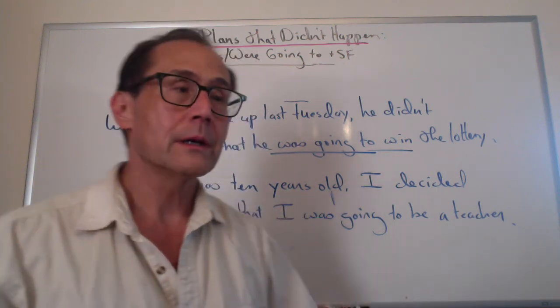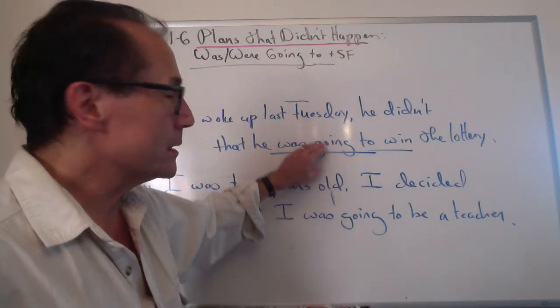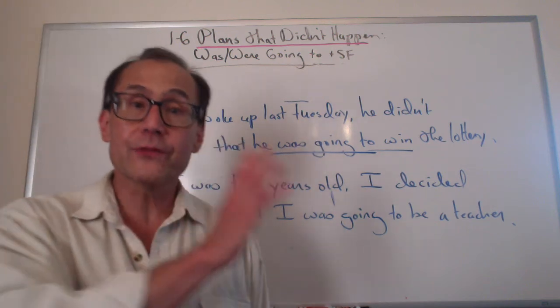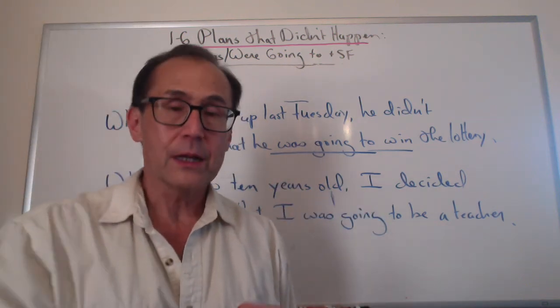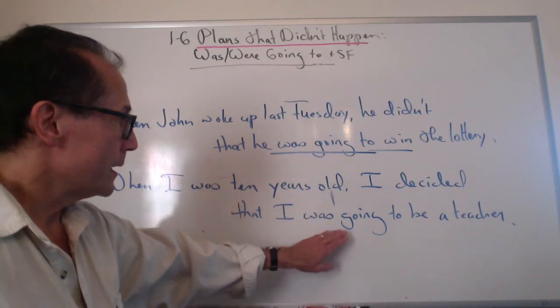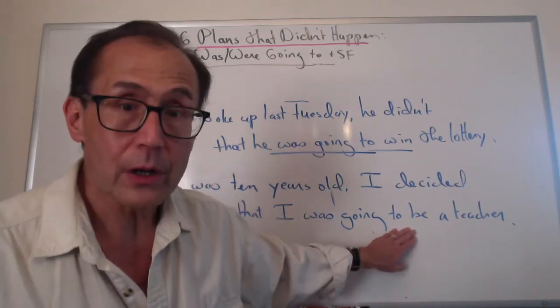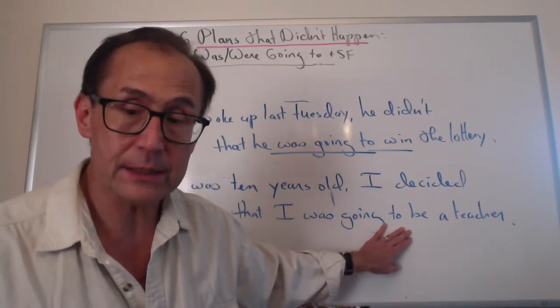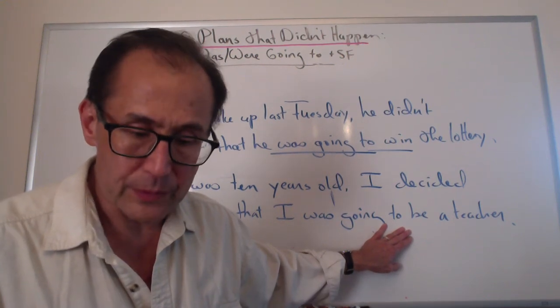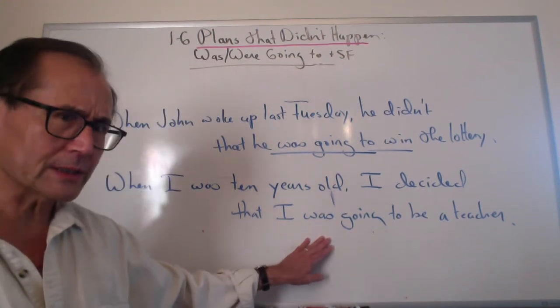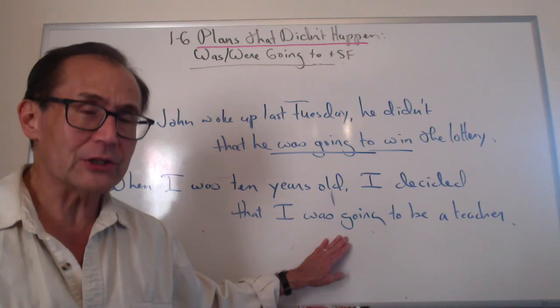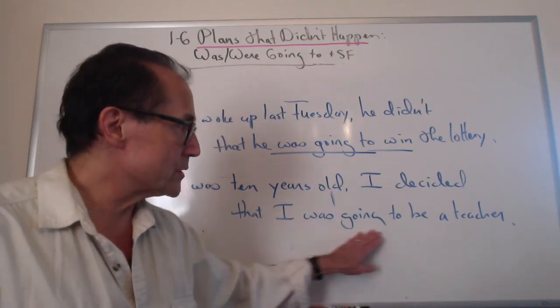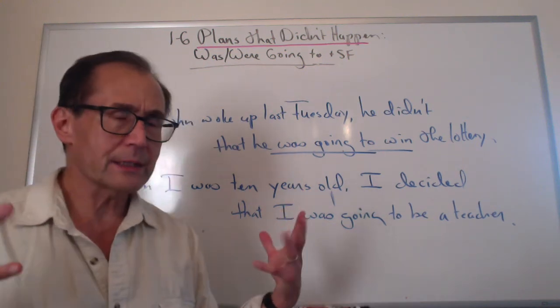However, remember that it can sometimes be used in different situations with other meanings. So if you thought, oh, was going to always meant that it didn't happen, this would be a very confusing sentence because you could say, wait, I thought he was a teacher, but he says I was going to be. That was a plan that didn't happen.